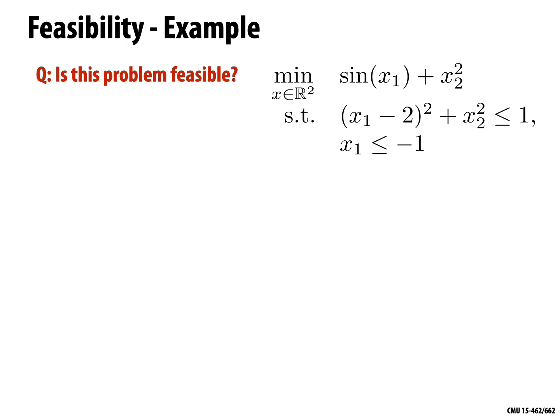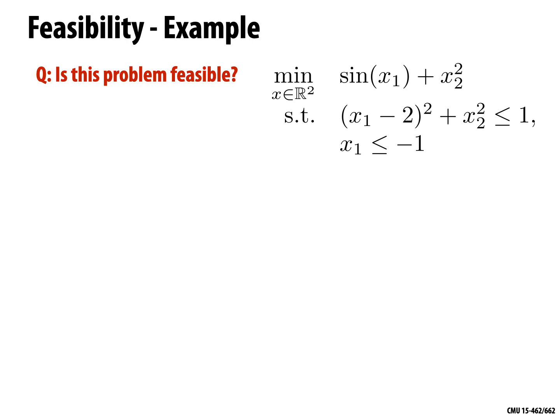Well, let's think about what those constraints describe. So the first one certainly looks familiar. It looks a lot like our implicit equation for a unit disk, except that we've shifted it, right? We subtracted 2 from x1, which means we're going to shift the disk over 2 units to the right. Okay?